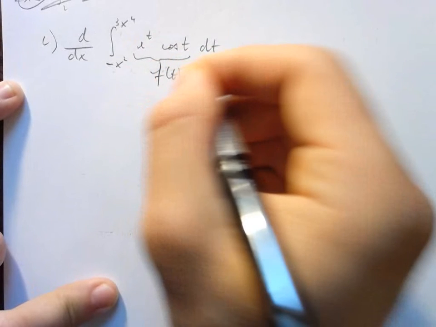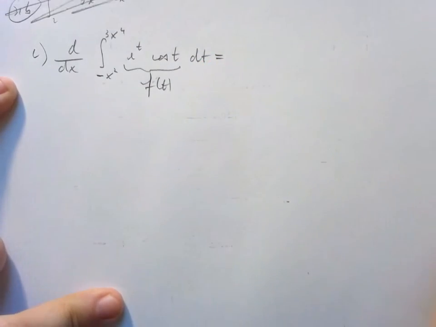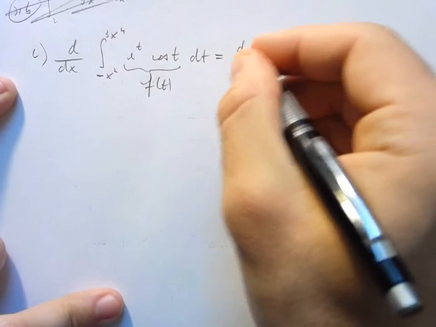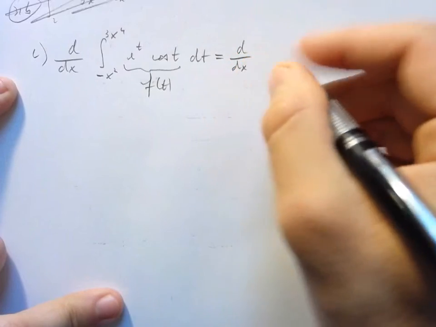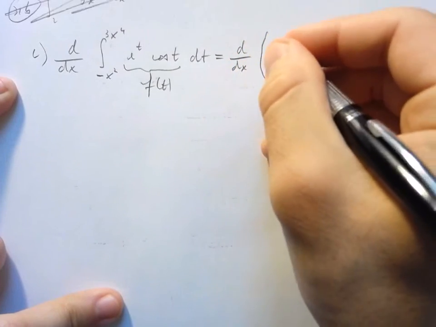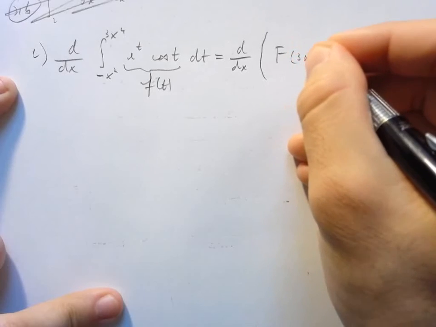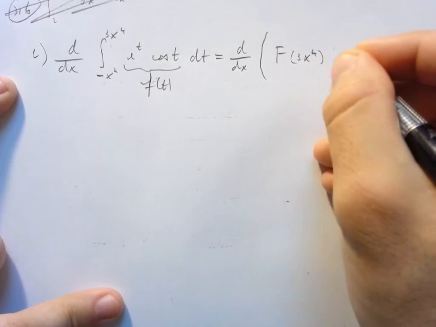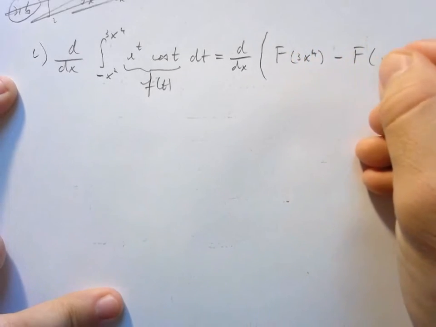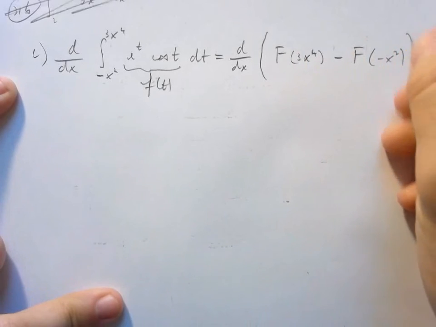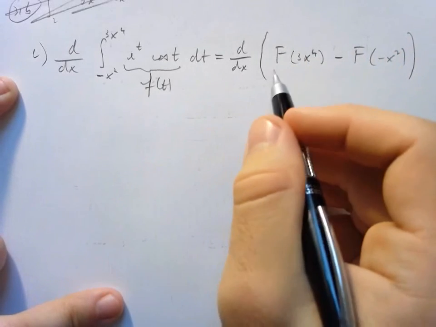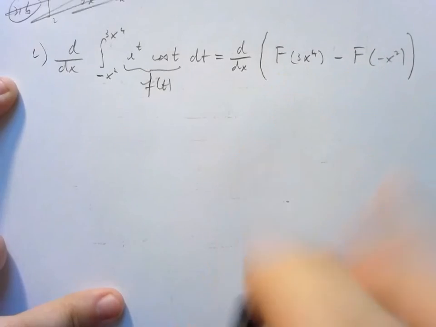Again, I apply the fundamental theorem of calculus. So d dx, the integral is going to become capital F of the top bound 3x to the fourth minus capital F of the lower bound negative x squared. And now I have to differentiate term by term because these are both functions, right?